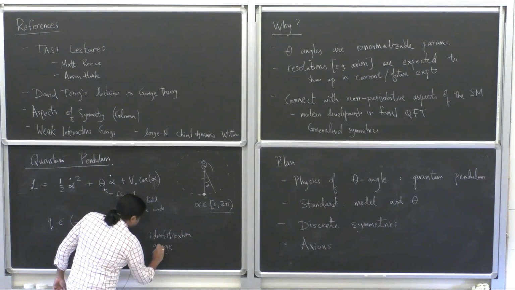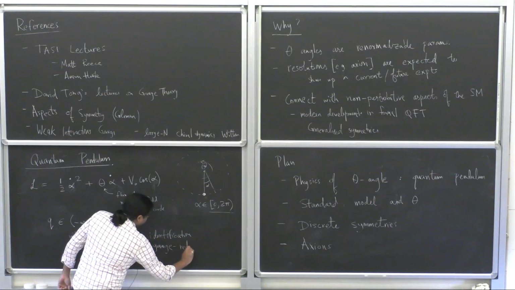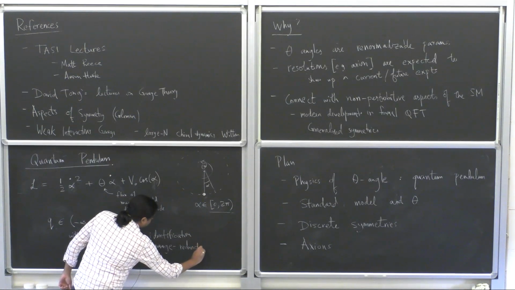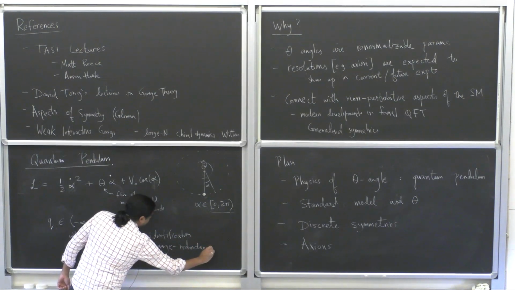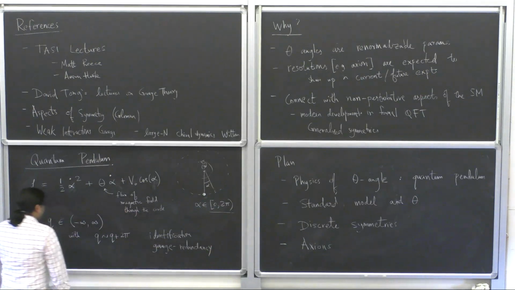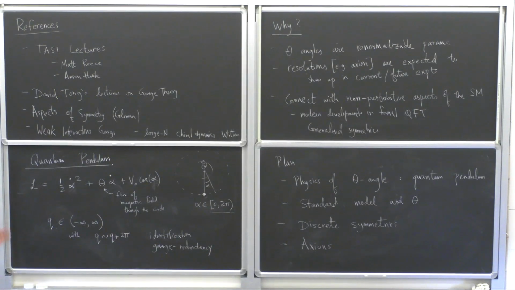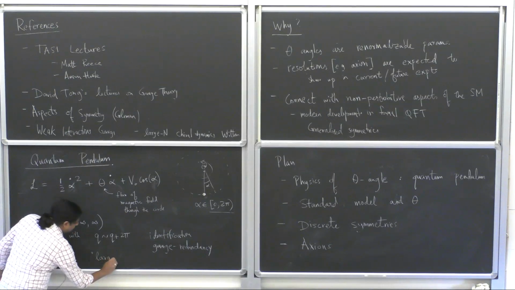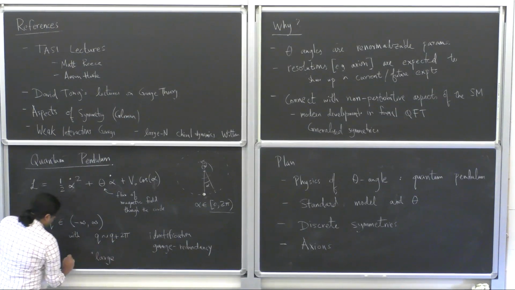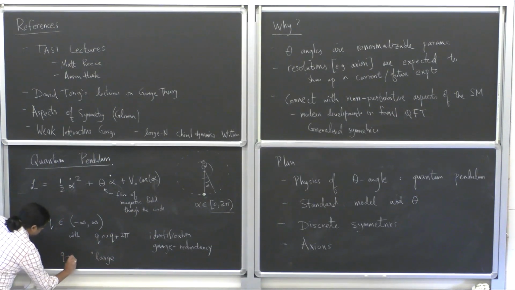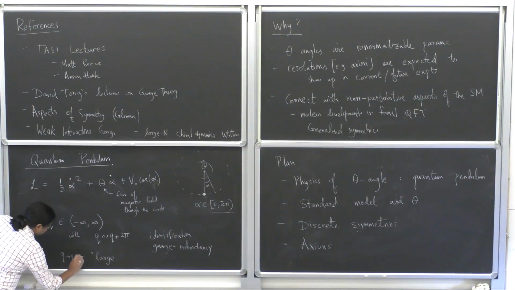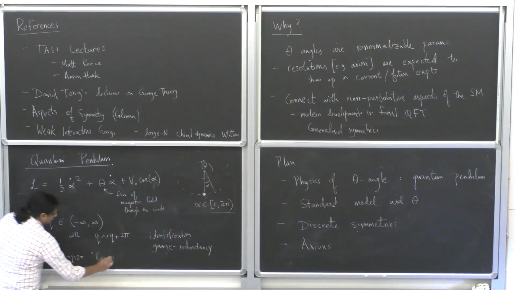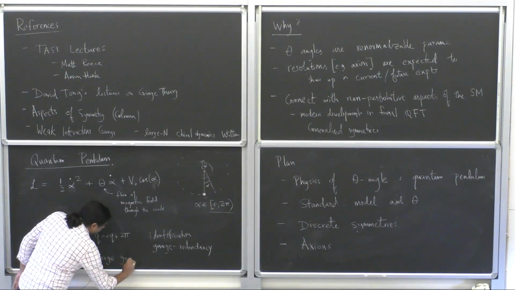Often we use the word gauge symmetry, but actually gauge symmetries are nothing but redundancies in our systems. And in particular here, as we'll see, this transformation q to q plus 2 pi is the analog of what is called a large gauge transformation.